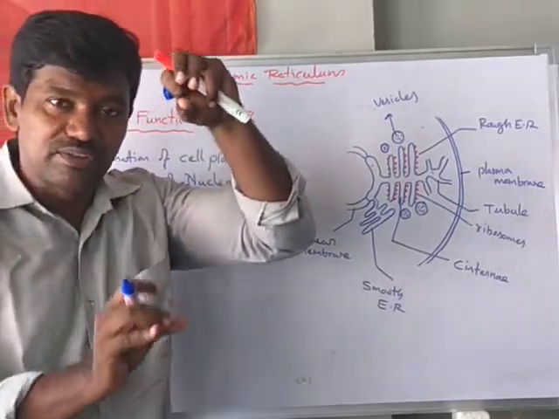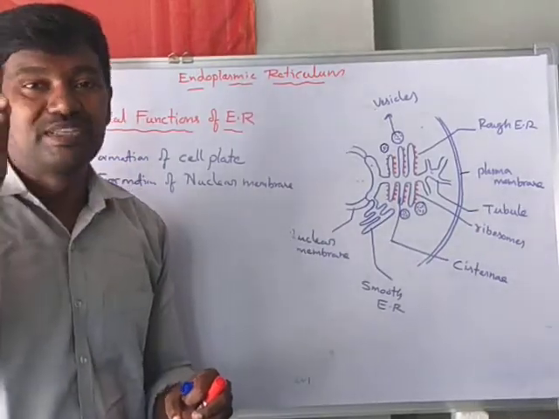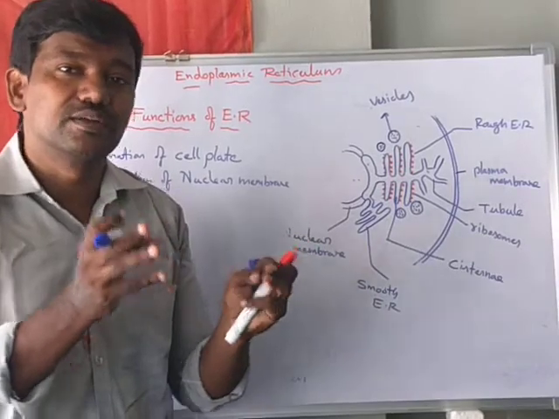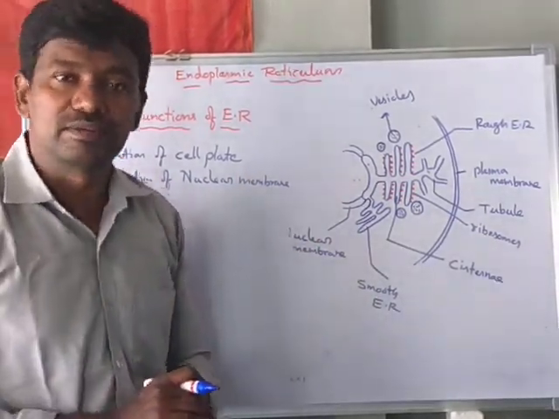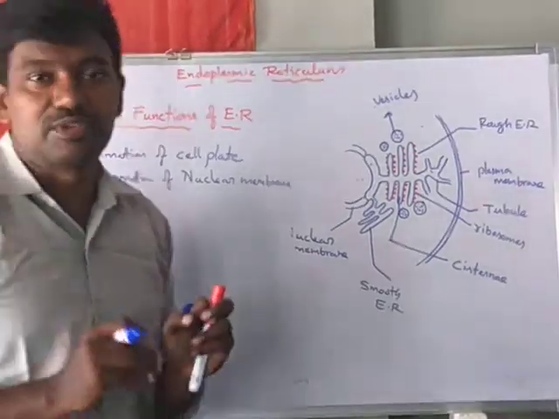When they separate, pieces of endoplasmic reticulum surround the group of daughter chromosomes and form a nuclear membrane. So these are some general functions of the endoplasmic reticulum.